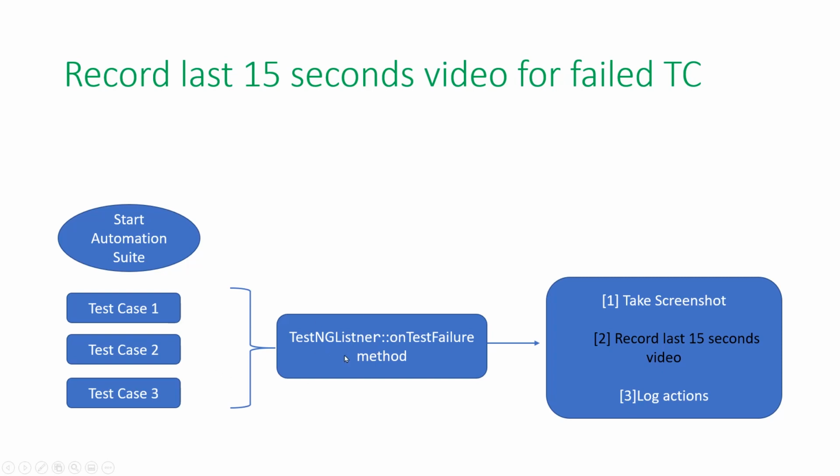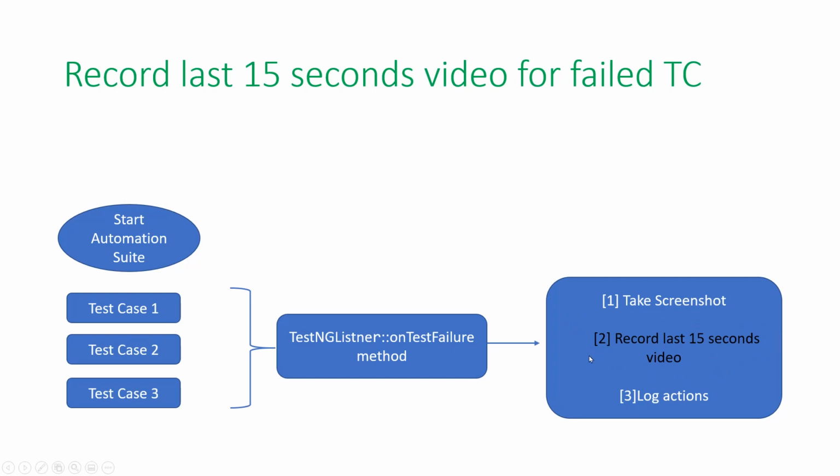As soon as a case fails, an onTestFailure method is called, and within the onTestFailure method, I will write various things like take a screenshot of the failed test case, log various actions, and also capture a recording of the last 15 seconds.